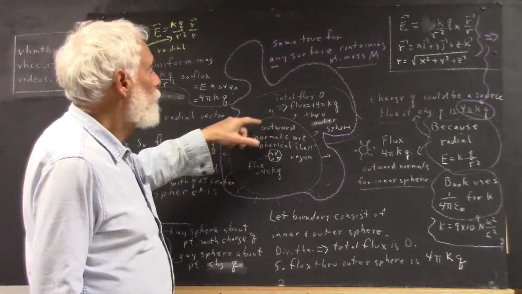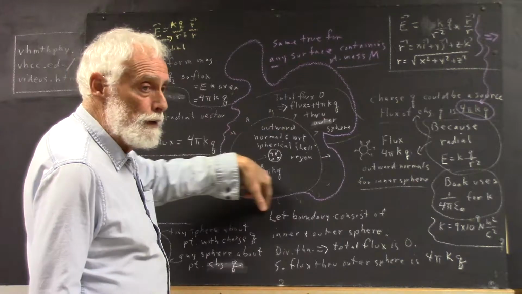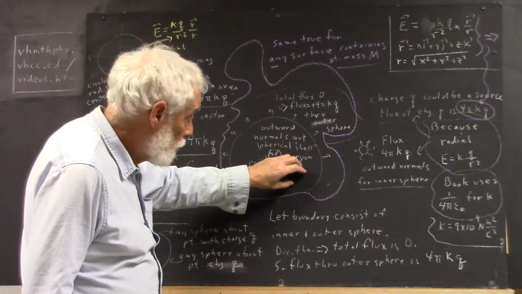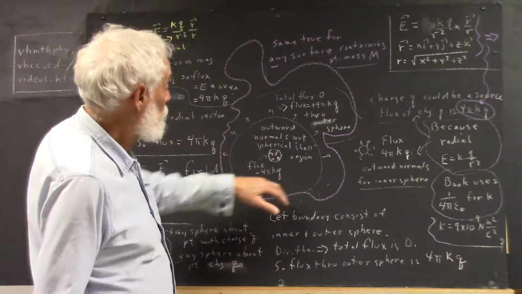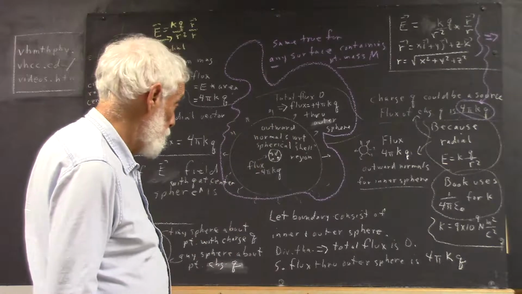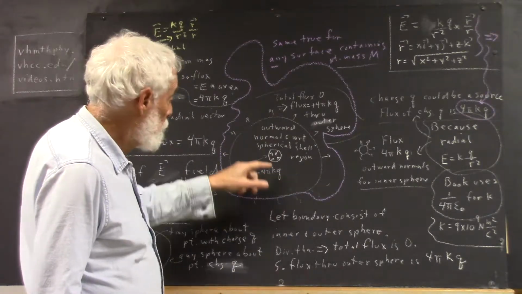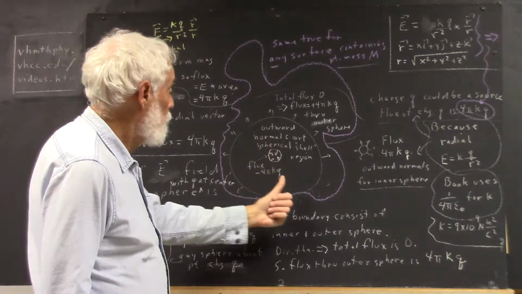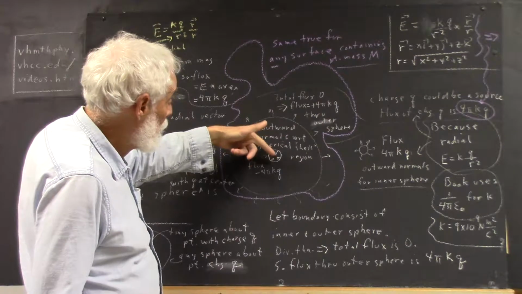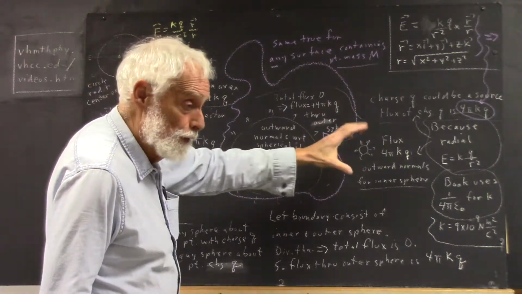Okay? These are the outward normals. So you have outward normals around the outer sphere. Those are the normals that point from the interior of this region out. Remember, the region is the region between the tiny sphere and the larger sphere, right? Well, what points out of the region through the surface of the tiny sphere? Well, that's toward the center, isn't it? These normals are toward the center because, remember, it's always the normal that points out of your region.